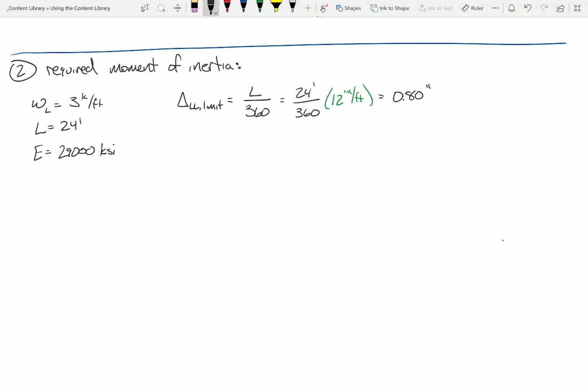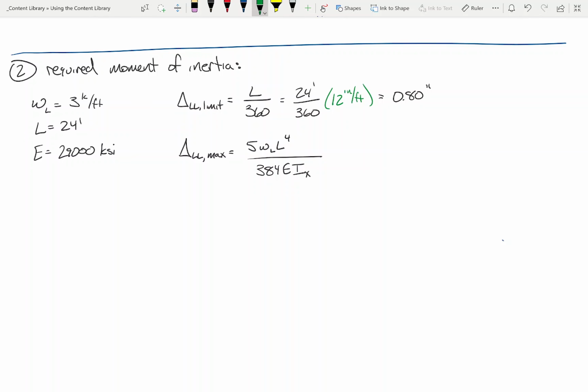So our maximum deflection on the beam, if we have a simply supported beam subjected to a uniformly distributed load, what we're actually going to get on the beam, is that.